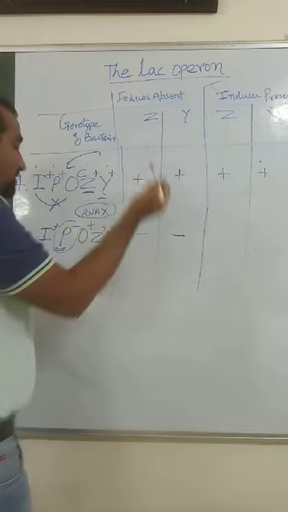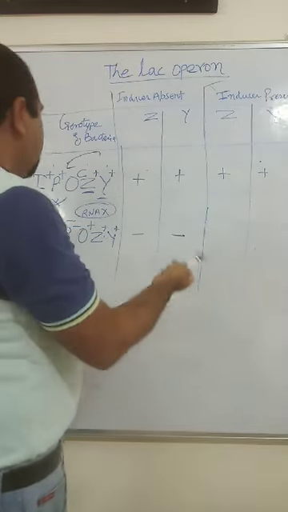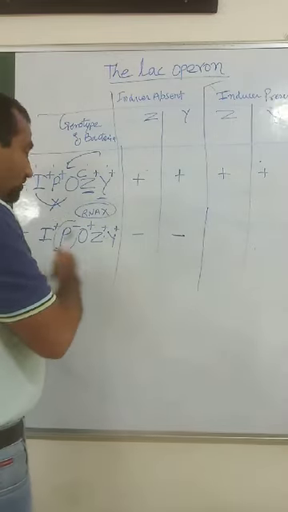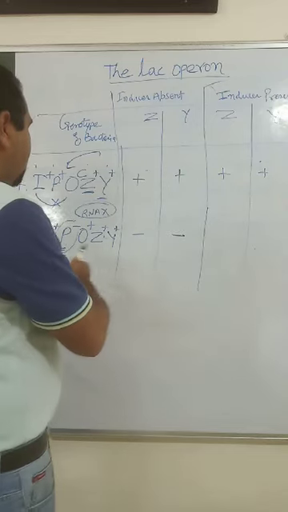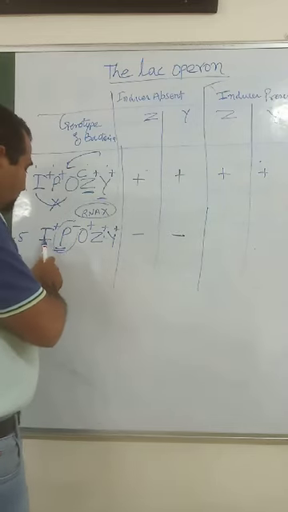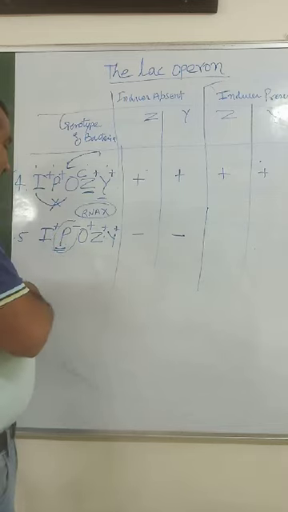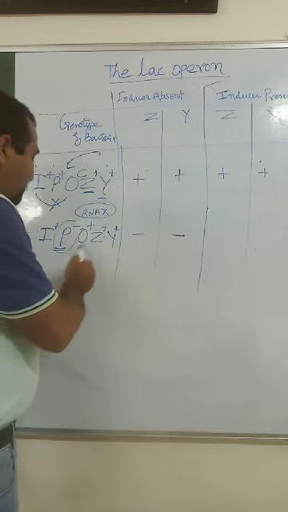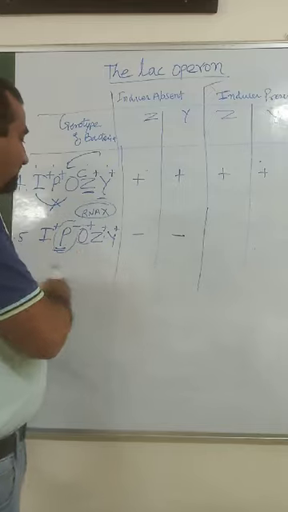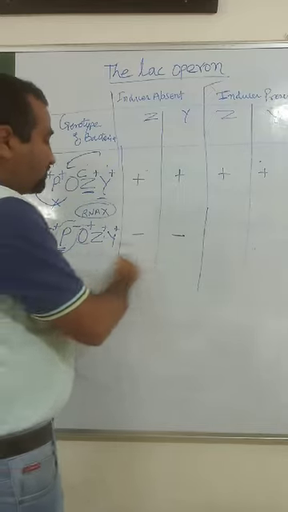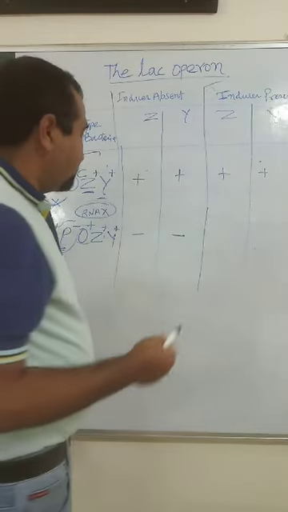So when inducer is absent, the repressor molecule will bind on operator sequence, and as a result no production of protein.